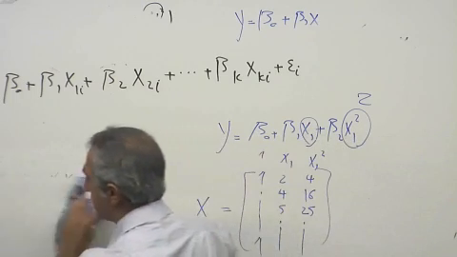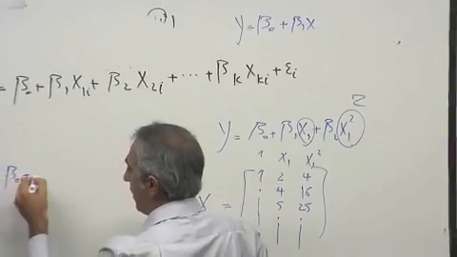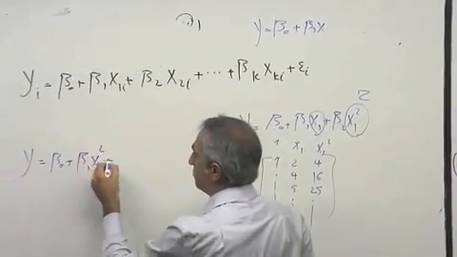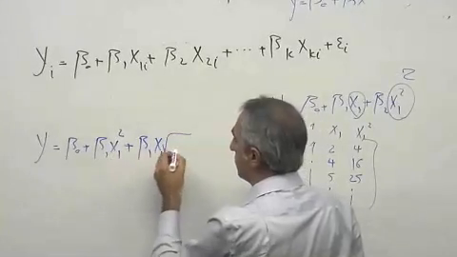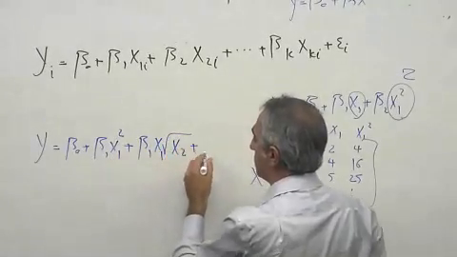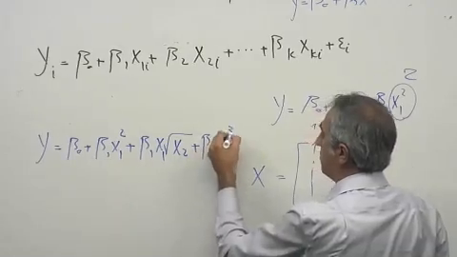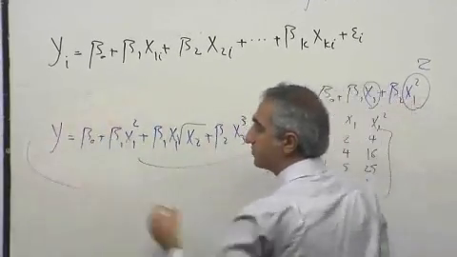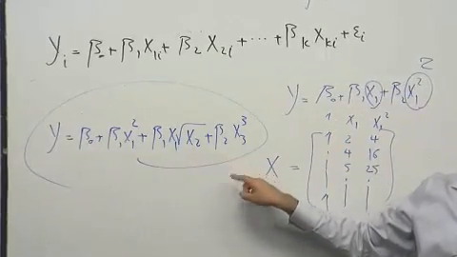So what I mean by that, as long as your function, this is linear because it's linear with respect to betas.